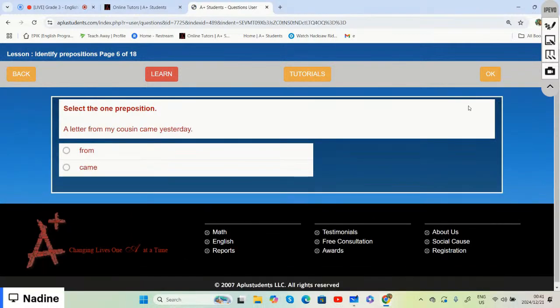Okay, one more. We'll at least do six, right? A letter from my cousin came yesterday. We need to identify our preposition. Is it option one, from, or option two, came? Which one is correct?